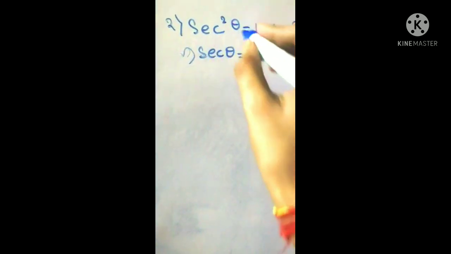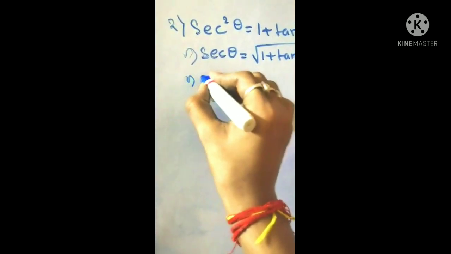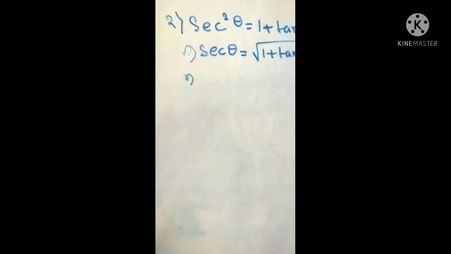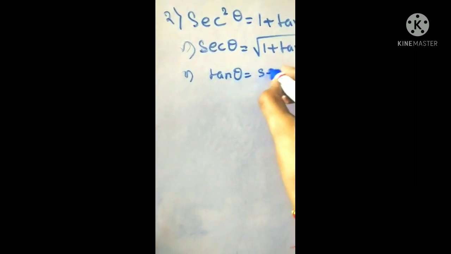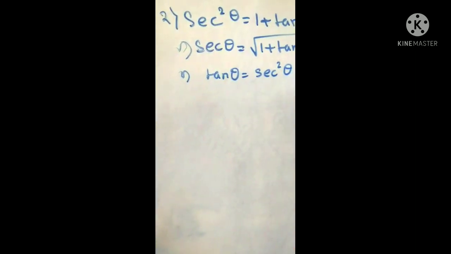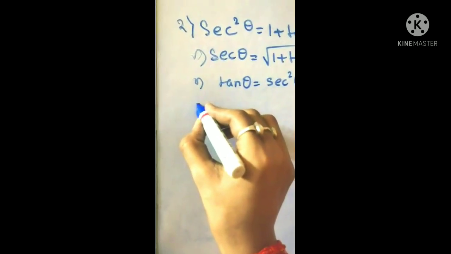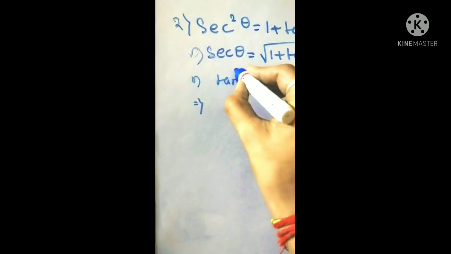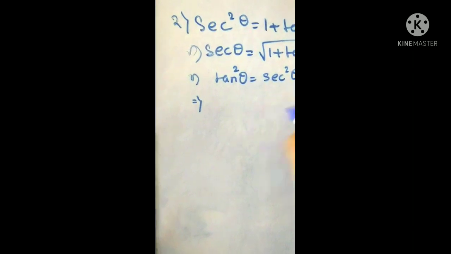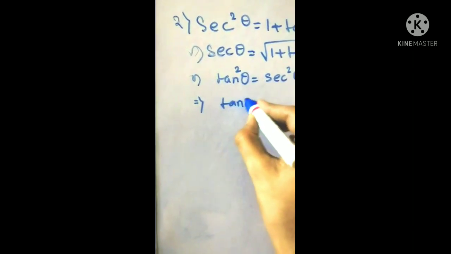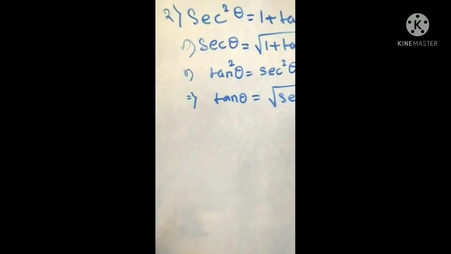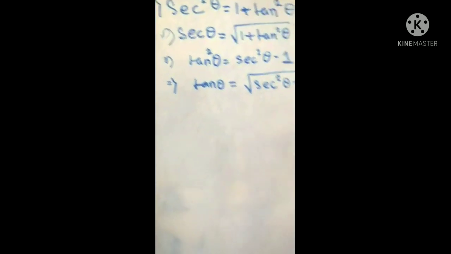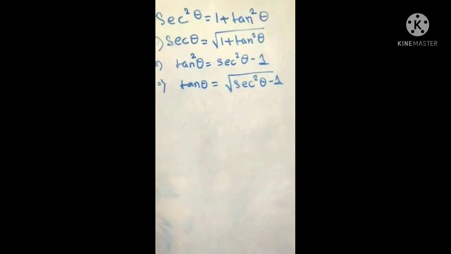Now these are the cases of sec theta. Now let us see tan theta. Tan square theta will be equal to sec square theta minus 1, and tan theta will be root over sec square theta minus 1.